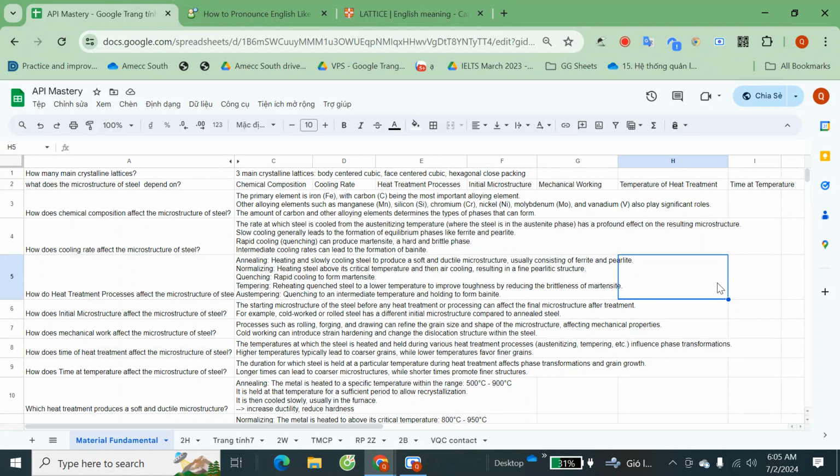How does cooling rate affect the microstructure of steel?